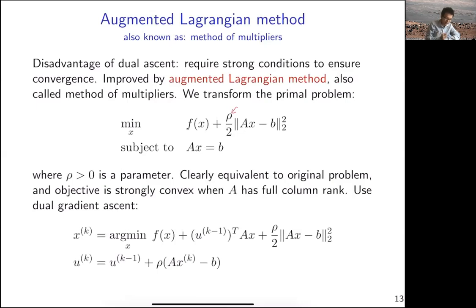The reason why it is augmented Lagrangian is because this is a Lagrangian, and this is the augmented term that you add to this Lagrangian, which makes it more and more well behaved.